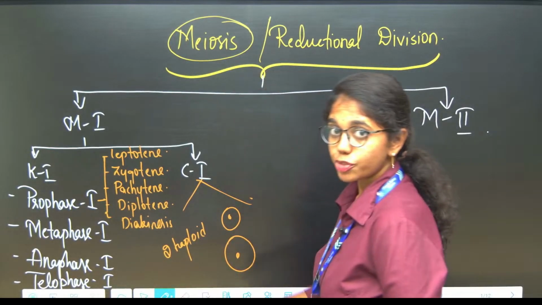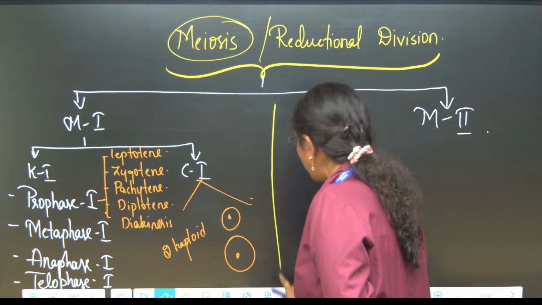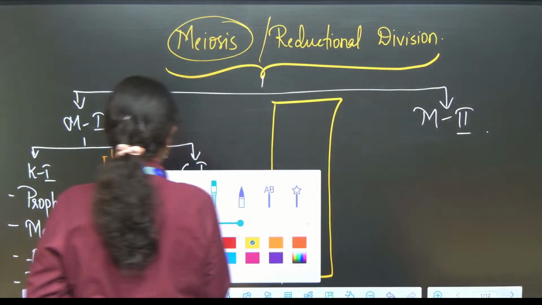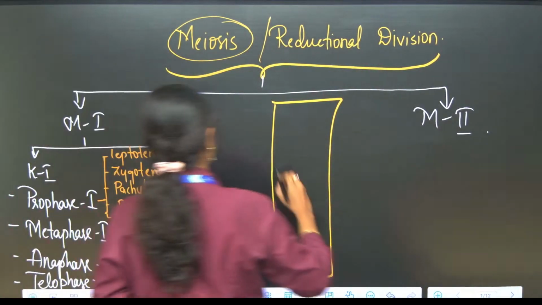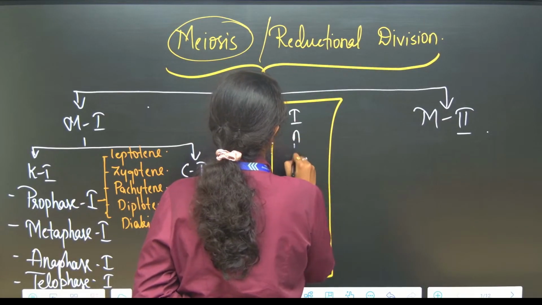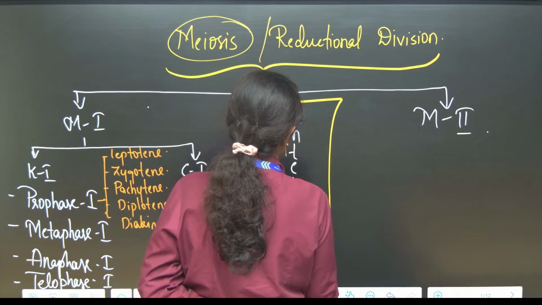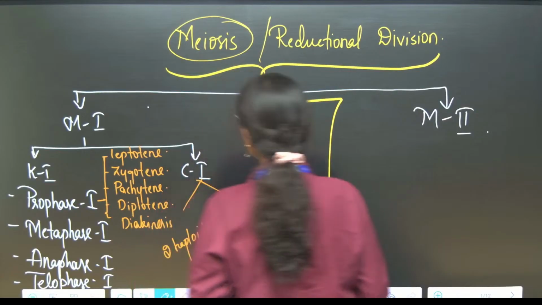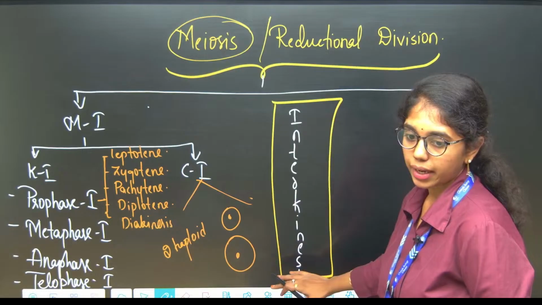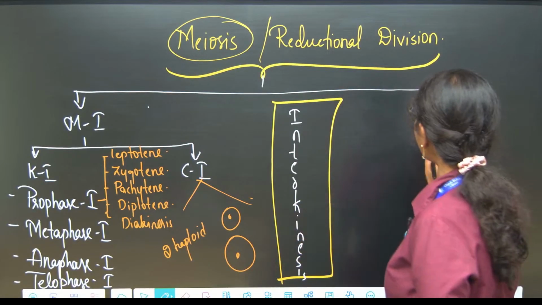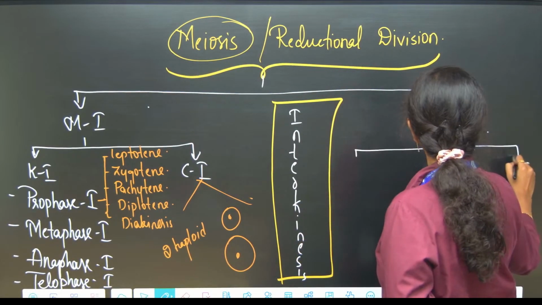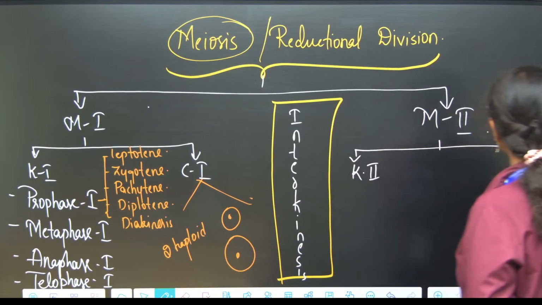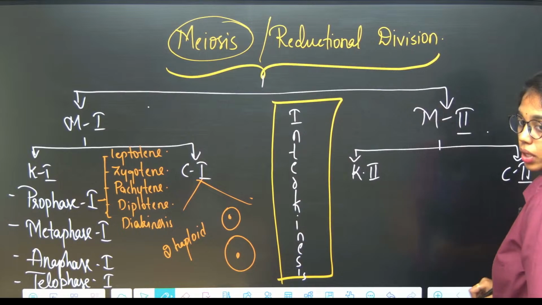These daughter cells will next go to what? Meiosis II. In between there is a phase called interkinesis. Post that you have karyokinesis 2 and cytokinesis 2.